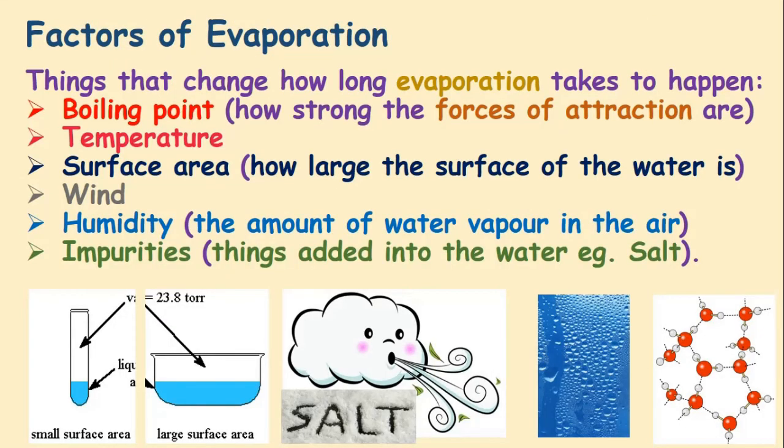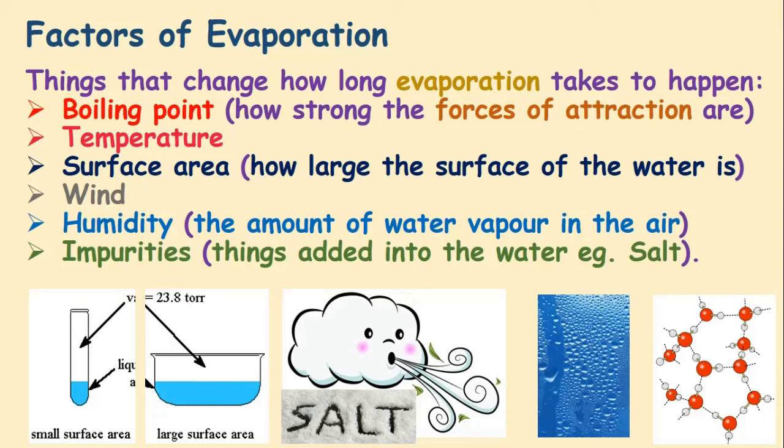Now we will talk about factors of evaporation. These are things that change how long evaporation will take to happen. We have already spoken about the boiling points. Different liquids have different boiling points, and it depends how strong the forces of attraction are between the particles.